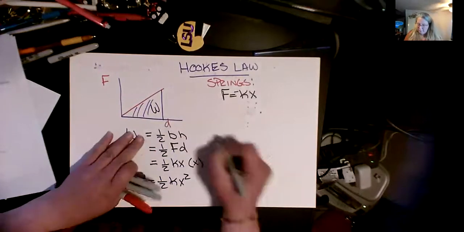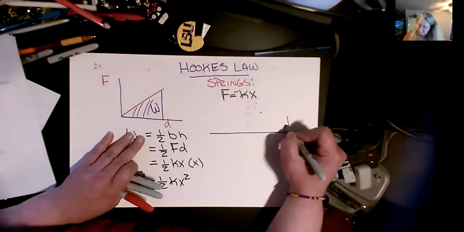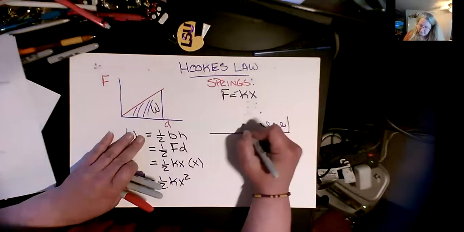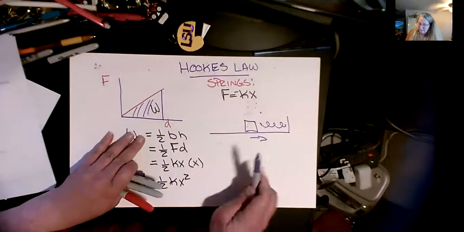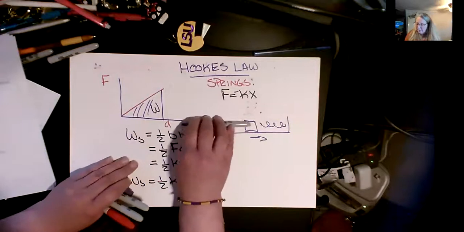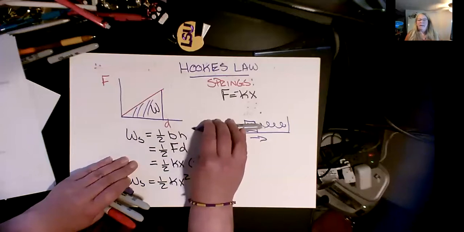So if I have a spring here and a box moving this way, this box is going to have some amount of initial energy, some amount of oomph behind it, and it's going to hit the spring. The spring, do you think it's slowing it down or speeding it up?